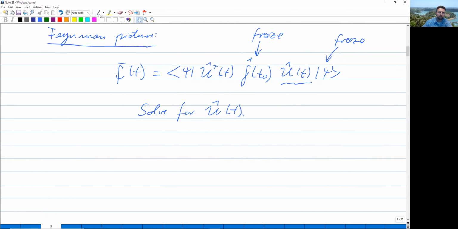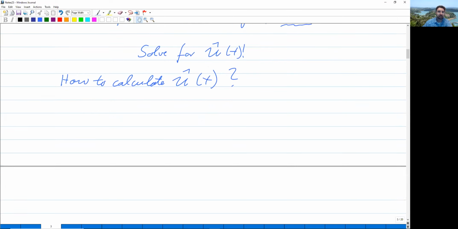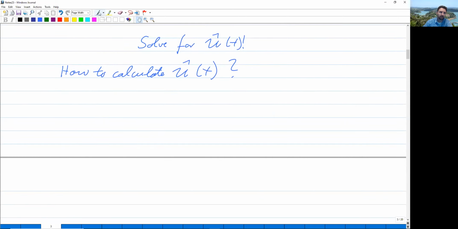Now, how can we do this? How to calculate u hat of t? Now, there are two answers to this. There is a simple answer, which we will give right away.